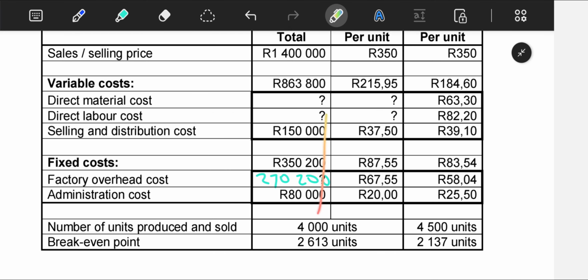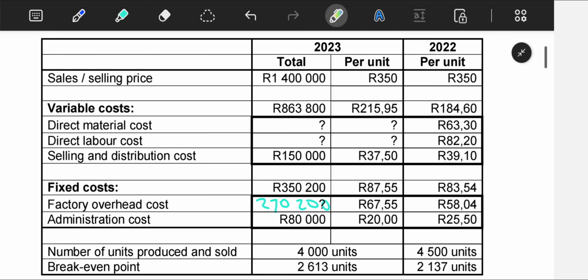This column here is total cost for this year. This column here is for last year, if you can see the years on top here. Right. So now let's get the direct material and the direct labor cost per unit.